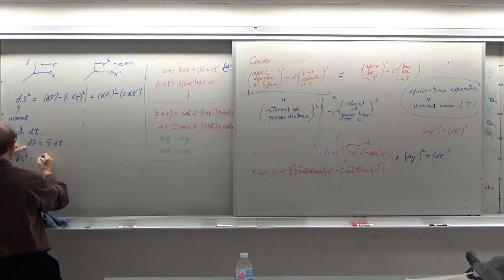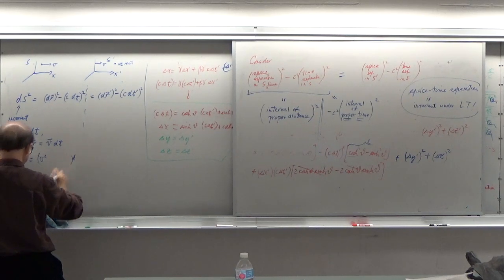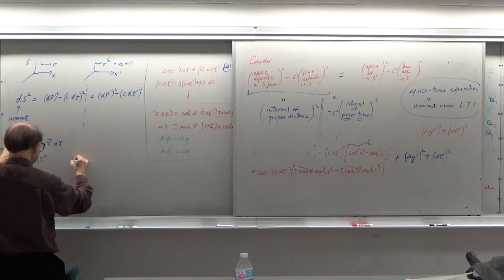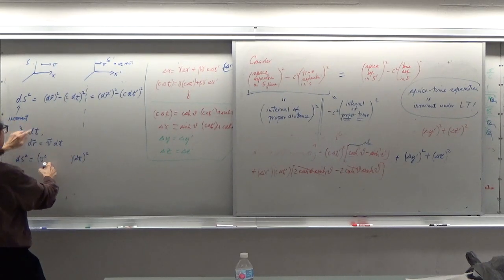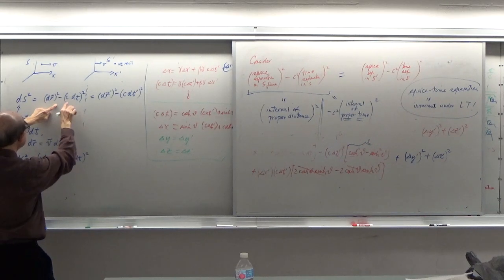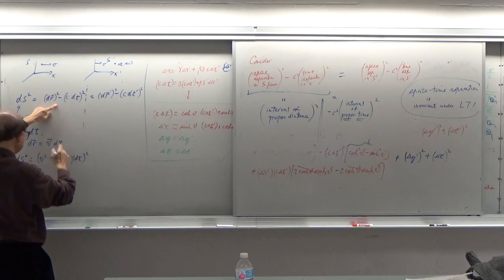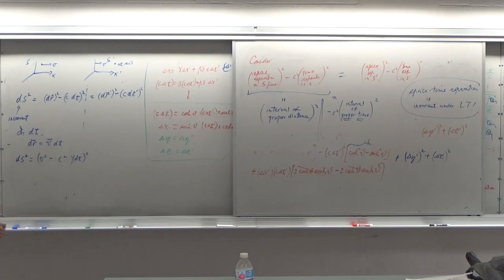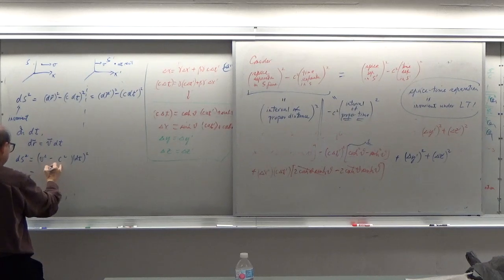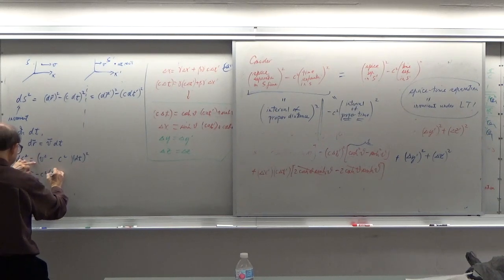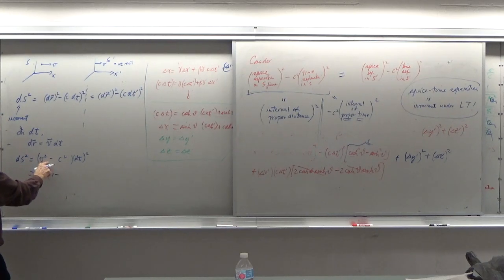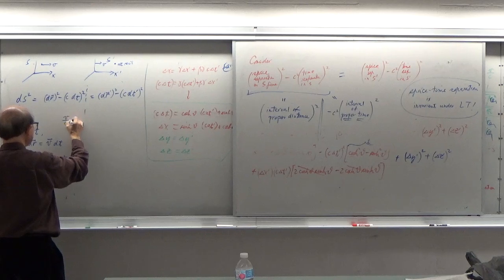In an infinitesimally small dt amount of time, this system will have moved a distance dr, which is given by v dt. So dr squared is v squared times dt squared, minus c squared dt squared. If I pull out the minus sign and c squared, there's 1 minus v squared over c squared. v over c is my beta.